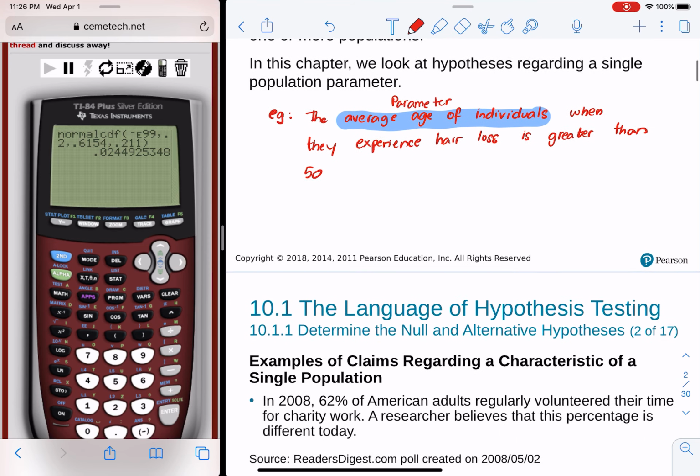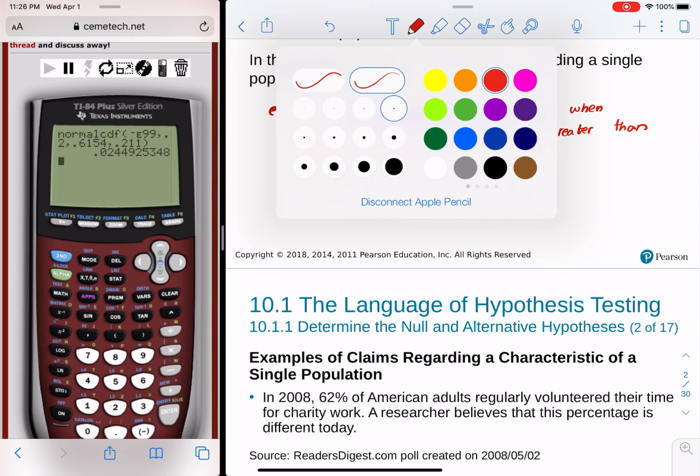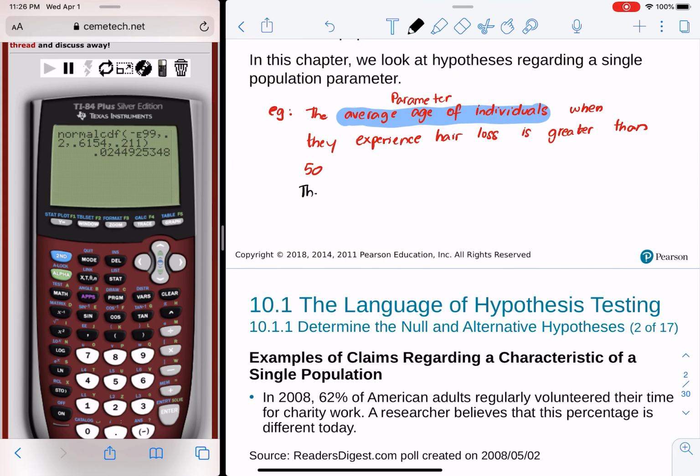Now, another example I could state would be the proportion of males who experience hair loss is greater than 34.53%.